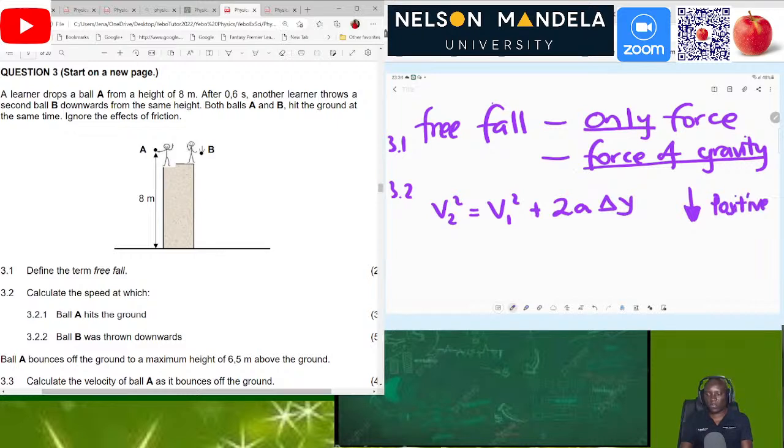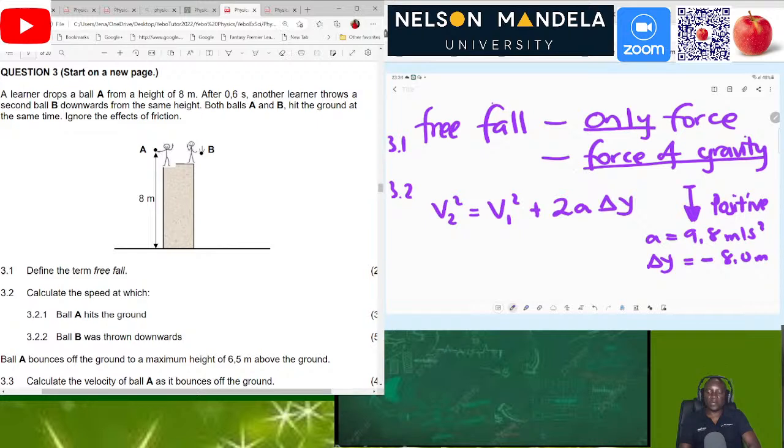If downward is positive, it would mean a is positive 9.8 meters per second squared. It would mean delta y, the displacement, is minus 8.0 meters. Why? Because they are starting from above the ground going in the negative direction. So delta y becomes negative.